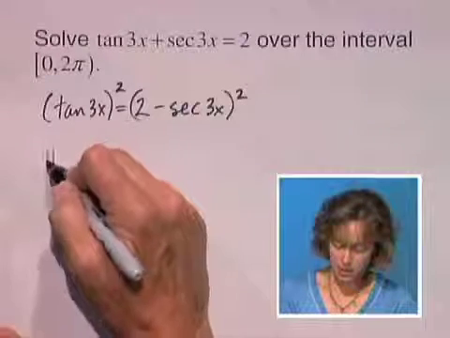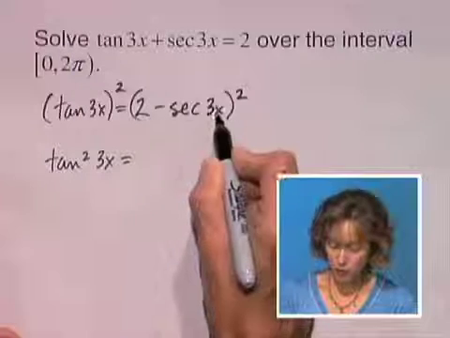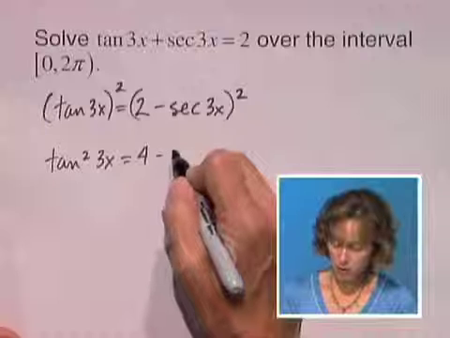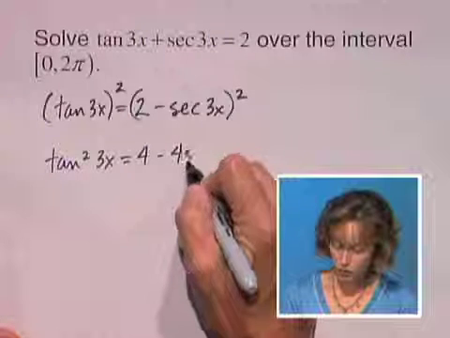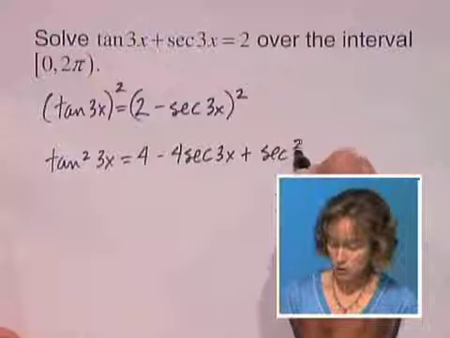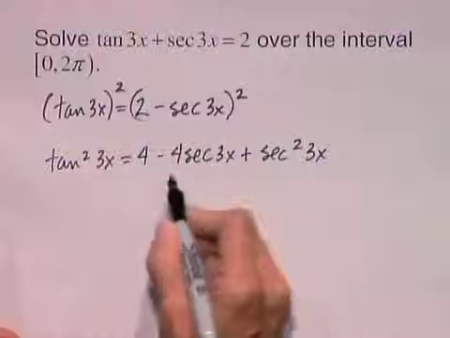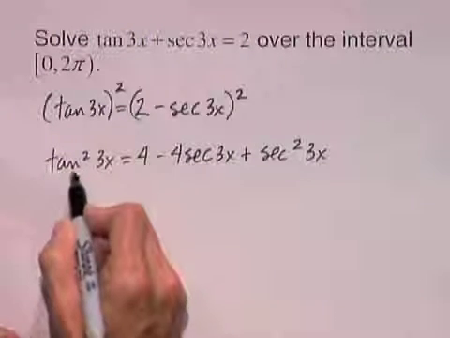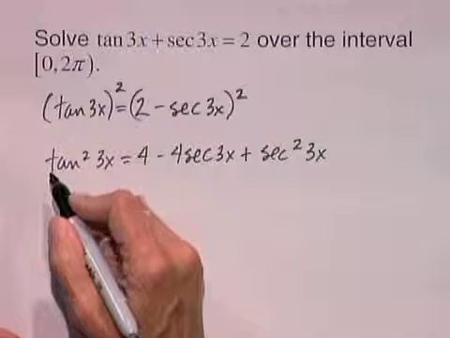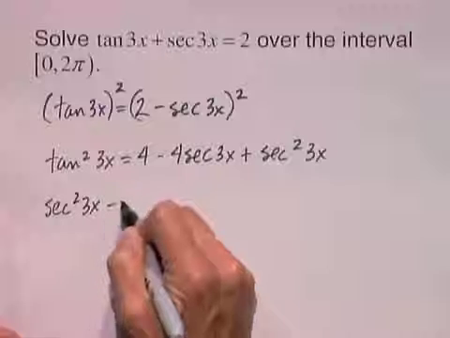I get tan squared of 3x on the left, and if I multiply out the right-hand side, 2 squared is 4, minus 2 times 2, which is 4 secant 3x, plus secant squared of 3x. And I'd like to have entirely secants or tangents, so for tan squared of 3x, I'm going to substitute the Pythagorean identity, which is secant squared 3x minus 1.